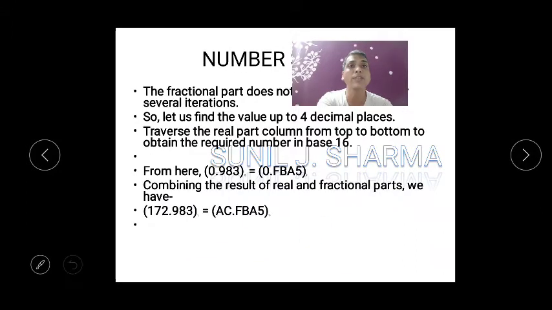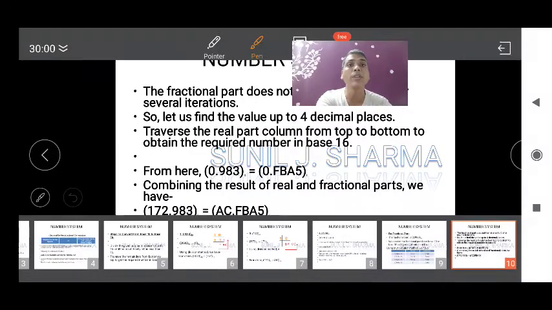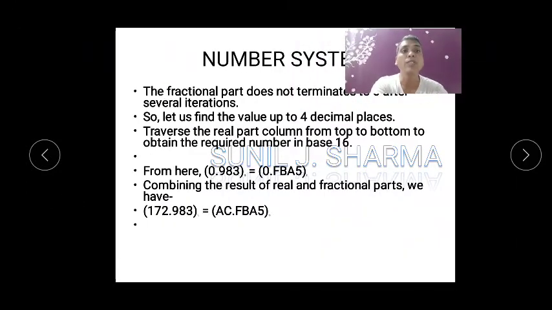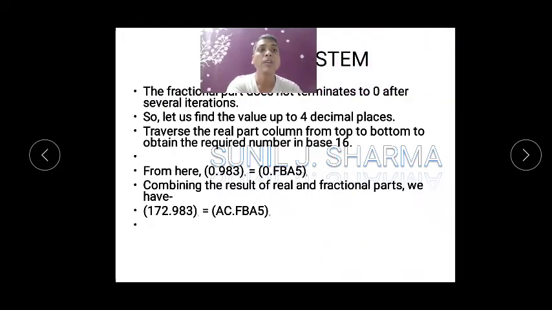Let's see the answer. You can see that the fractional part does not terminate to 0 after several iterations. So let us find the value up to 4 decimal places, traverse the result in the integer part column from top to bottom, and obtain the required number in base 16.